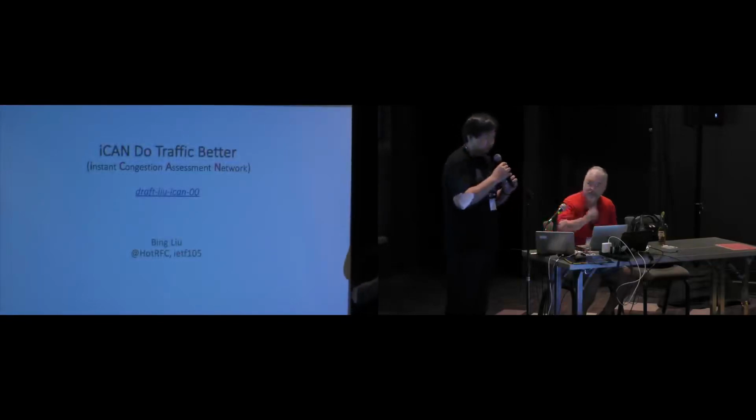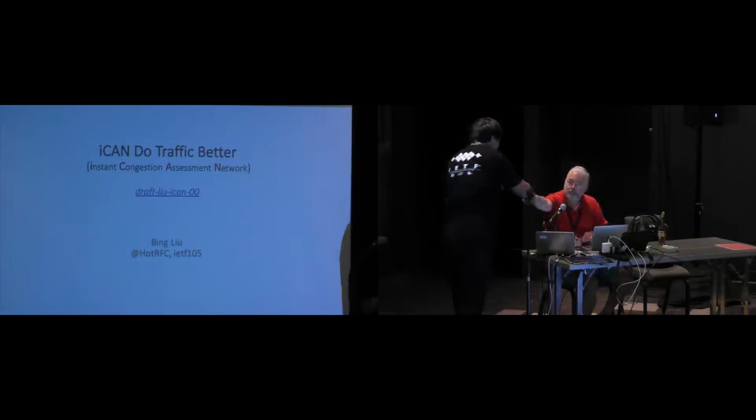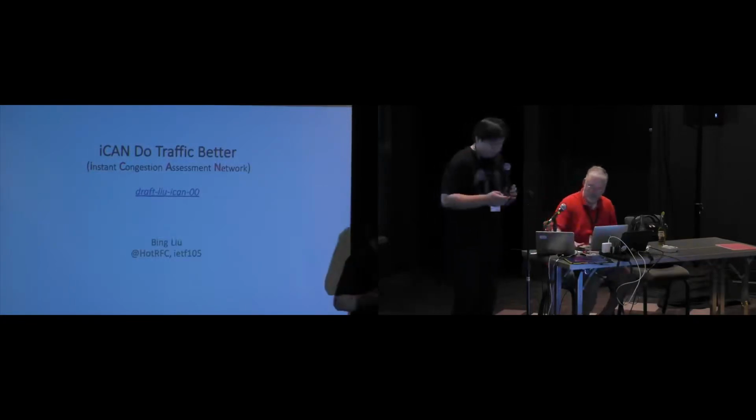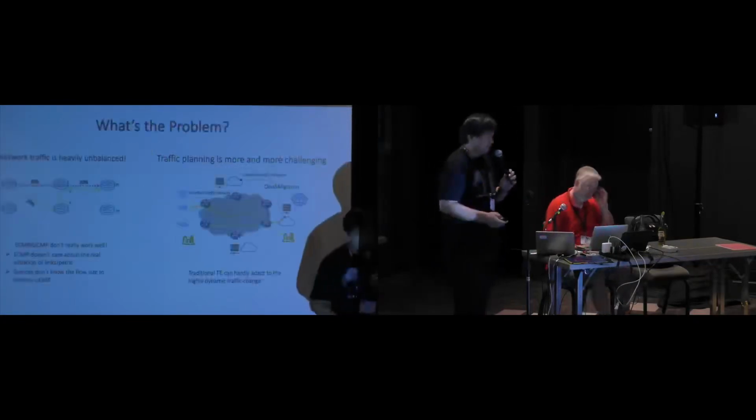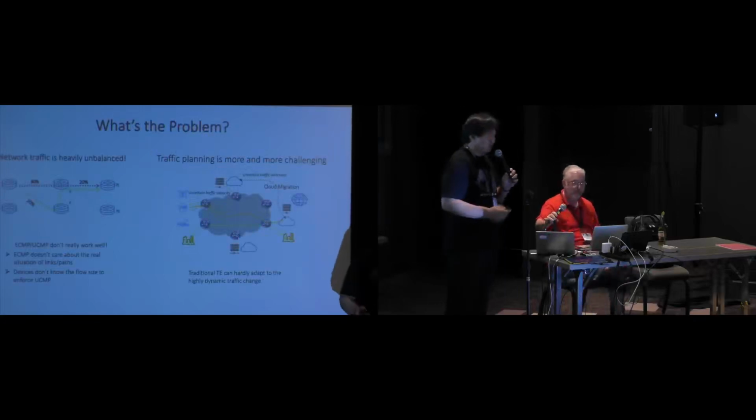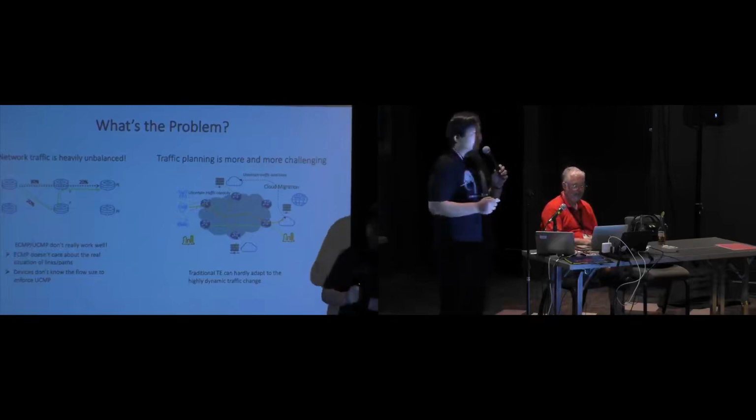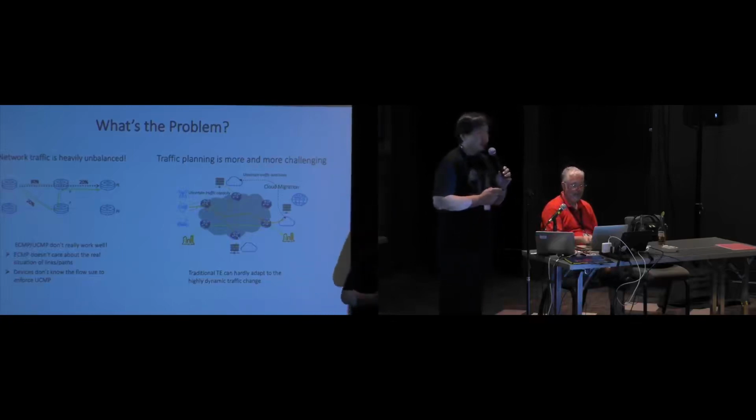Hello everyone. Today I'm introducing a new technology called Instant Congestion Assessment Network. So what's the main target problem? First, the traffic in real networks, especially metro networks, is always heavily unbalanced.